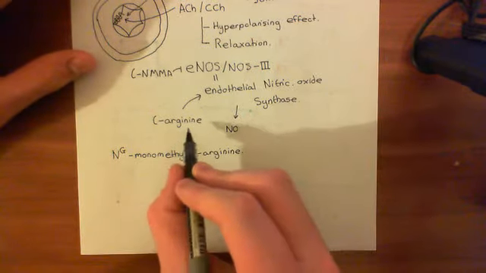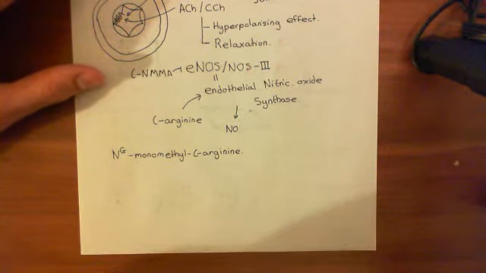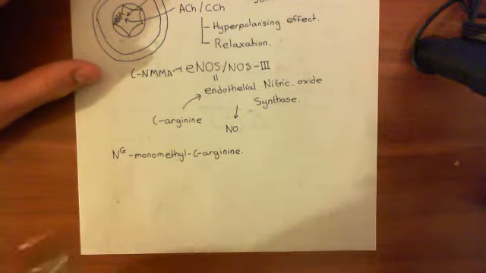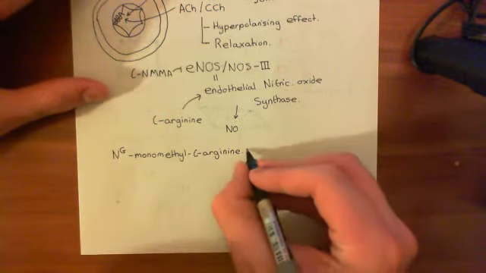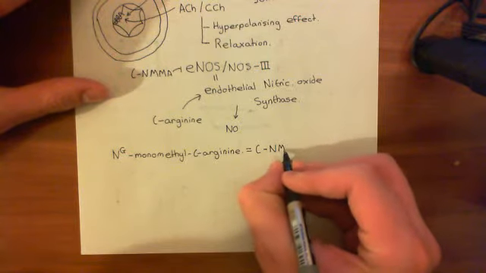So let's have a look at the structure of L-arginine, and then let's see how you would modify it to get this inhibitor of the eNOS enzyme. So this is L-NMMA.